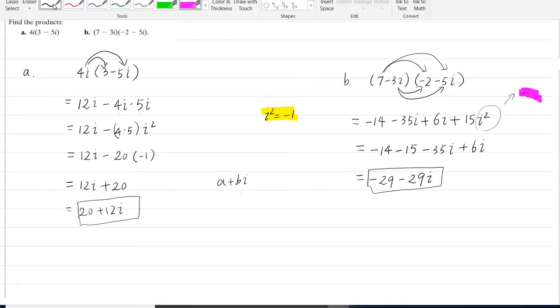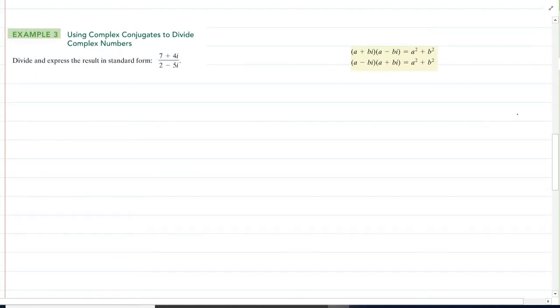Example 3. Using a complex conjugate to divide complex numbers. We want to divide this and then write it in the standard form, which is the a plus bi form. When you're dealing with this type of question, we use the conjugate of the complex number in the denominator.